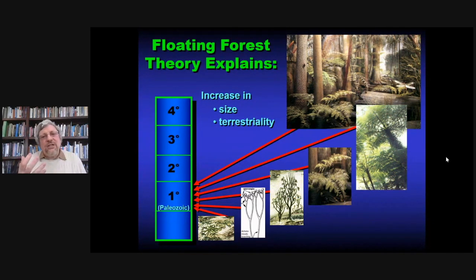But once the theory had been laid out, and once I began examining the implications of the theory, I realized that it explained far more than what I created it to explain. For example, the interesting thing about these plants, you saw a bunch of words out there you probably had never heard of: Aglaophyton, Horneophyton, Rhiniopsida, and so on and so forth.